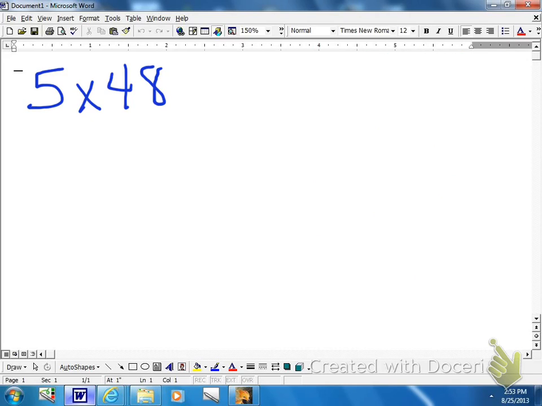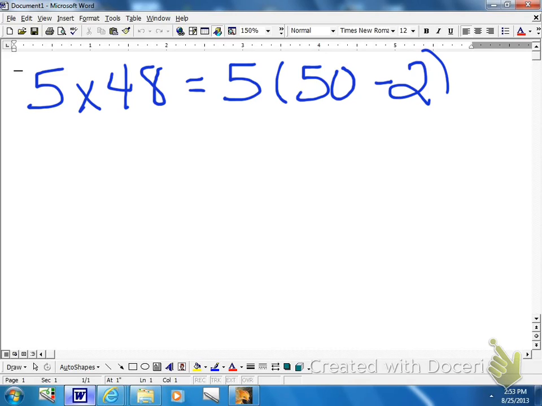Is there another way to solve 5 times 48? Sure, maybe you thought in your head I could say, well, 5 times 48 would be the same as 5 times 50 minus 2, because what's 50 minus 2? 48. So let's go ahead and show that distributed. 5 times 50.